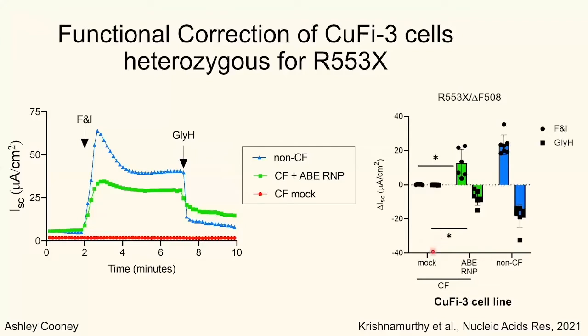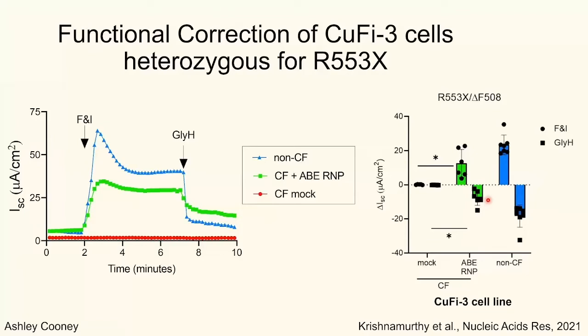On the x-axis we have our conditions, and on the y-axis we have the change of short-circuit current for the R553X CUFI3 cell line. Each point on this figure is a different culture that was examined, and when we take a look, the mutant mock cells show no response to either F&I or GlyH, while the cells treated with ABE RNP demonstrate changes in anion channel function.